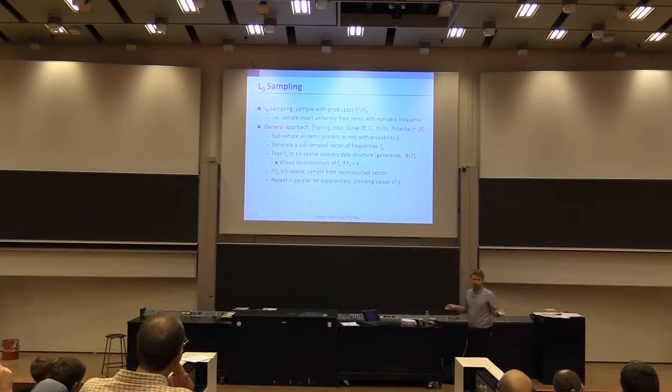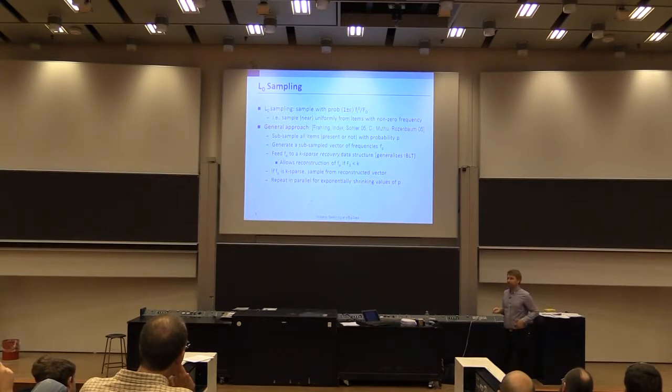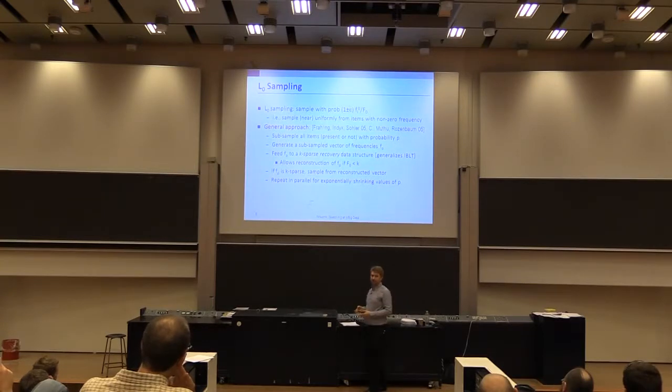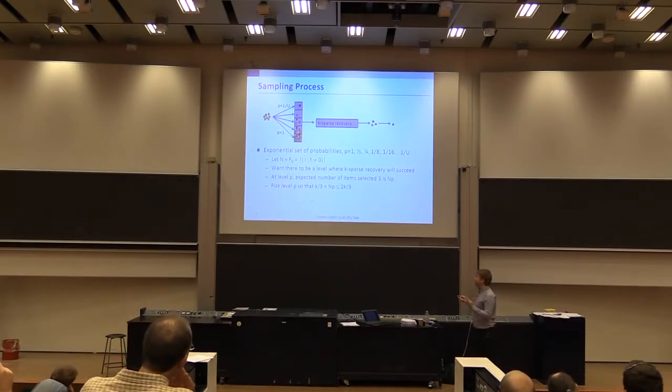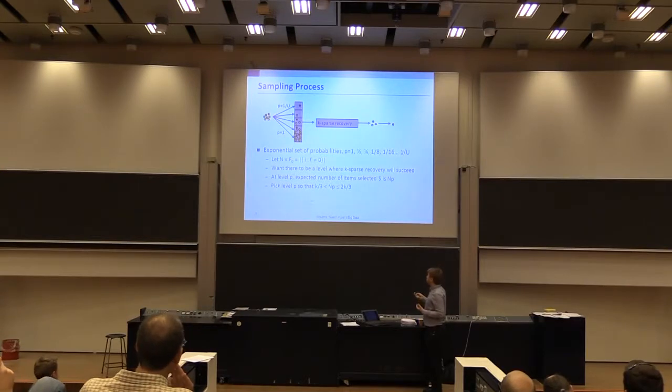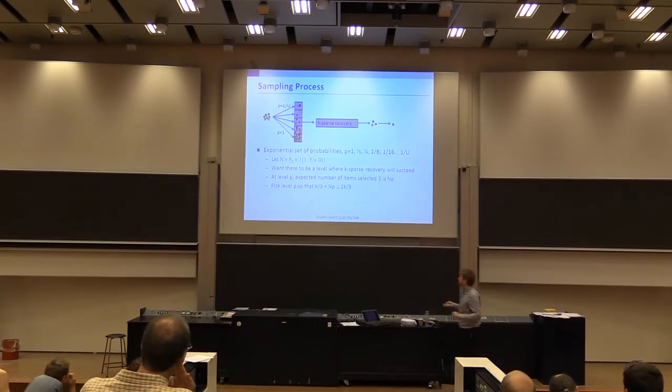And I said, well, what I'll do is guess all possible values in parallel. What I mean is, in parallel, I'll pick p equals 1, p equals a half, p equals a quarter, down to p equals 1 over n, roughly. Hopefully this is clearer with the picture. I have my input, which I think of as a collection of coloured dots. With probability p equals 1, they all pass through the filter and go into some k-sparse recovery algorithm.